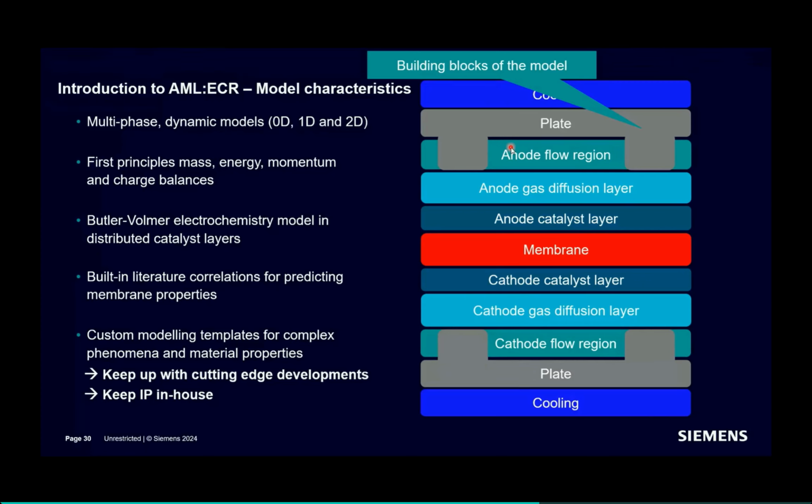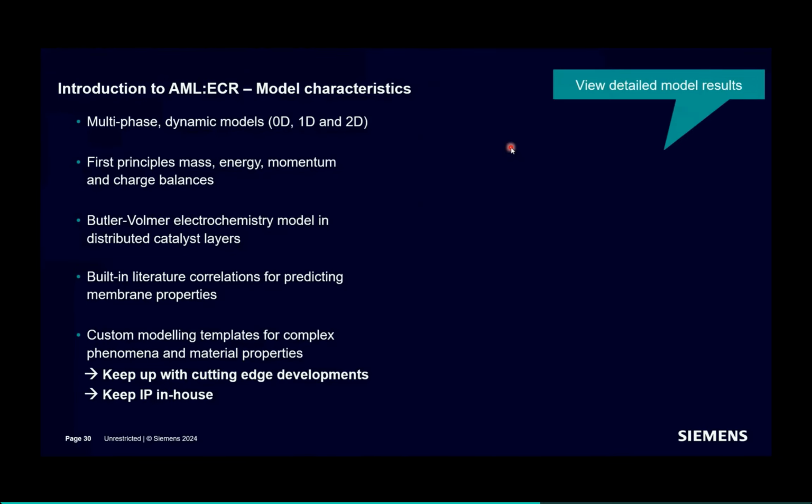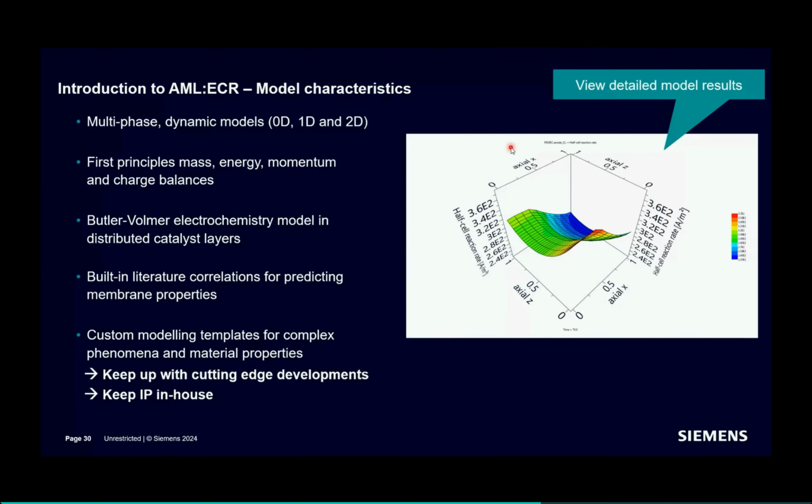Now, with this kind of model, especially the 2D model, the user can go into the detail of what is really happening inside each layer of the stack. For example, in this case, you can see the half cell reaction rate at the anode catalyst layer and how it evolves across the thickness of the layer and along the length of the channel.